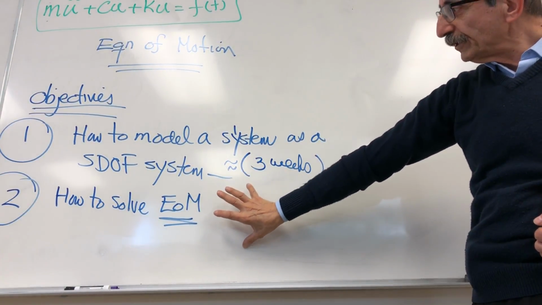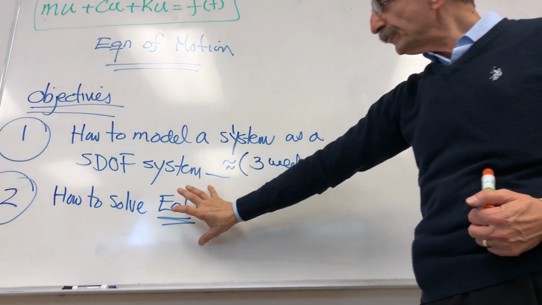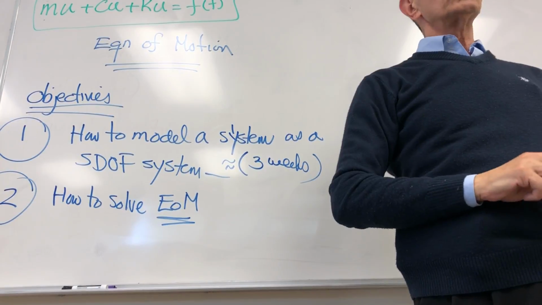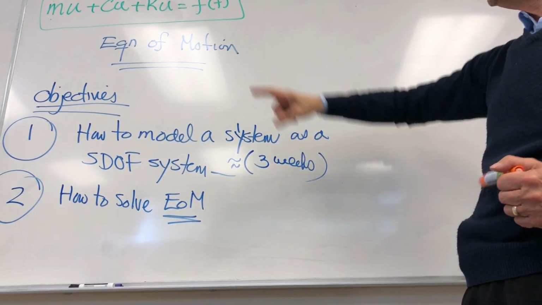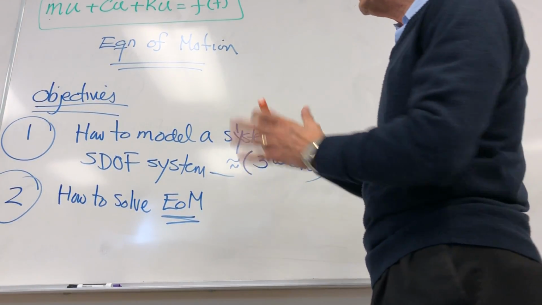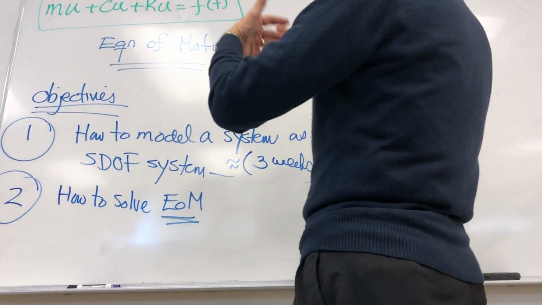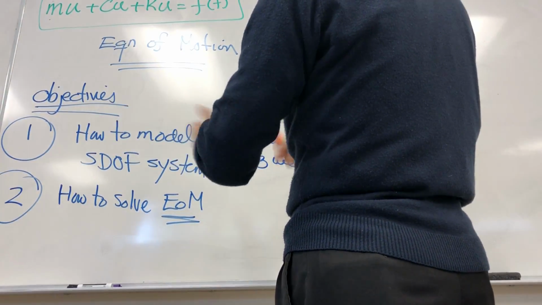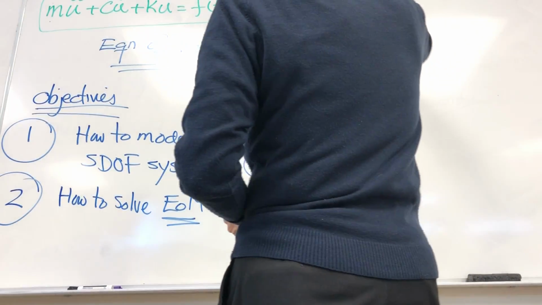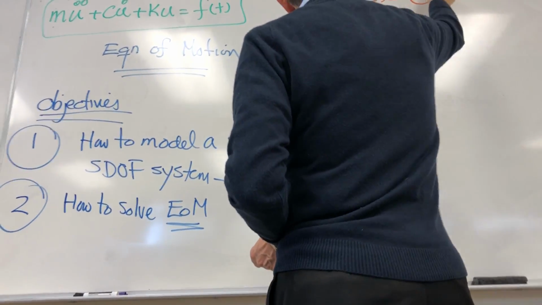So for this part, we categorize what we are going to study according to this equation. This equation can take several possible forms. f of t can be 0.